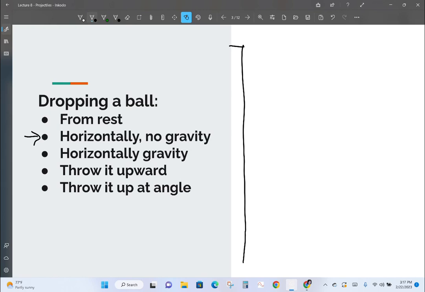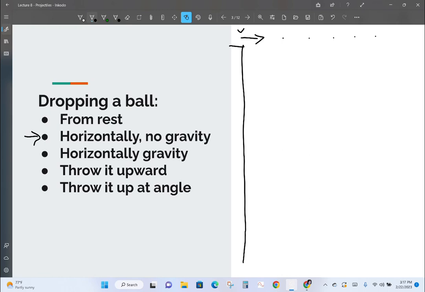If there was no gravity and we threw something forward at some initial speed, and there was nothing acting on it, it would move at a constant rate forward. So let's draw a motion diagram so we can show that constant speed forward, whatever speed. If we threw it at 20 meters per second, that's what it would do.